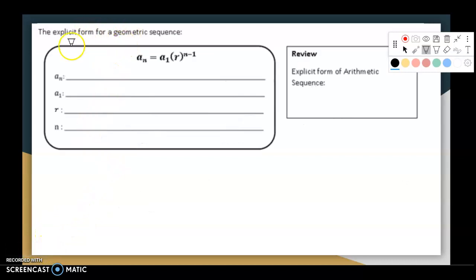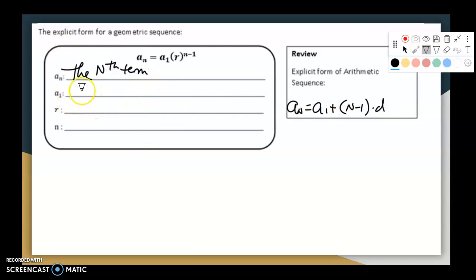All right, so the rule for a geometric sequence is a_n equals a1 times r to the n minus 1 power. Okay, so we already have an idea of what all this stuff is. We did this pretty much already when we did the arithmetic sequence, although the formula was different. That was your formula for arithmetic sequences. All right, a_n is the nth term.